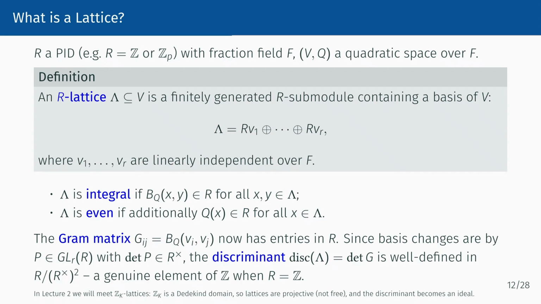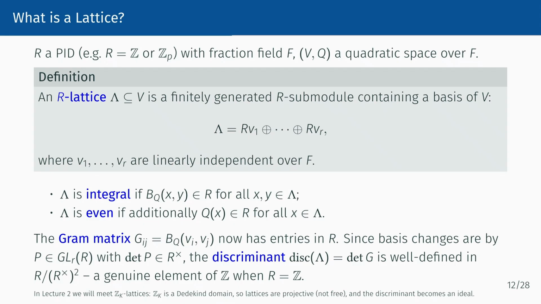If you think of the ring as Z, then things that are invertible in the ring are just 1, -1, and squares of these are just 1. So over Z, we just get an element of Z, which is very convenient.